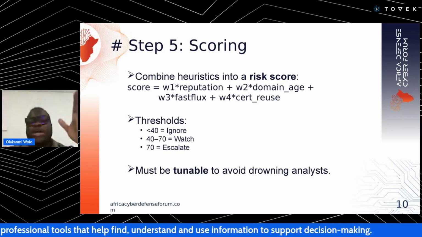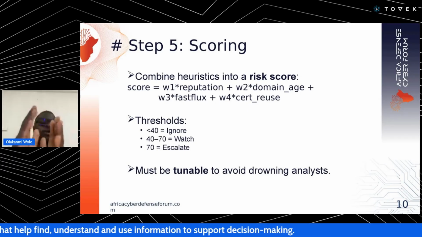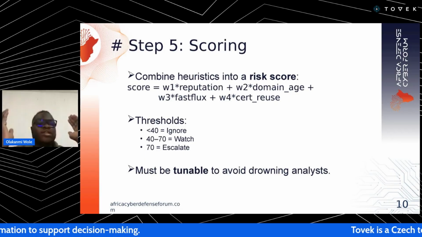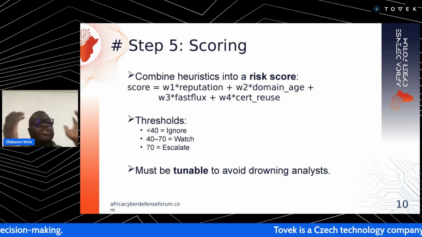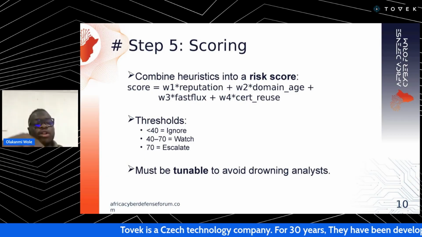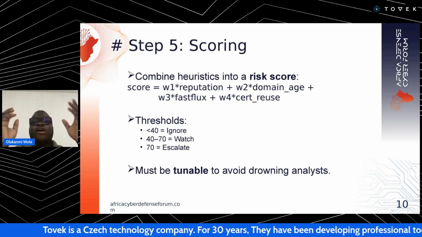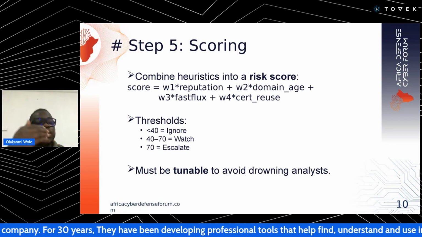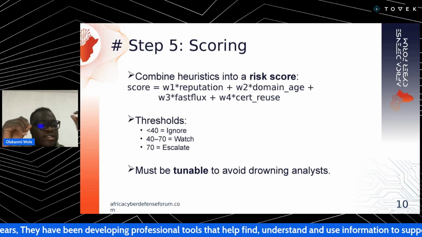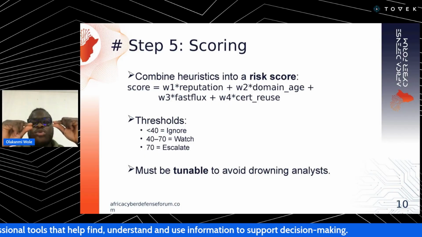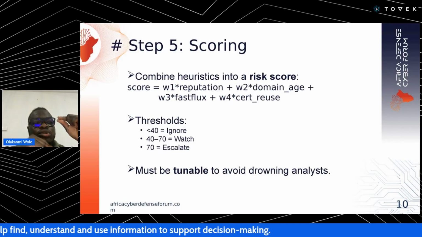So remember, bad feeds equals alert fatigue. And alert fatigue means threat intelligence analysts become drowned in a lot of alerts, which are usually false positives. If you're having a lot of false positives from your feeds, typical analysts would not pay so much attention to this. So this is exactly why these metrics should be tunable.